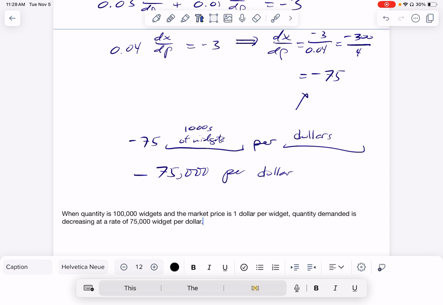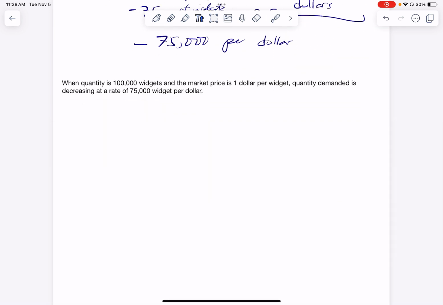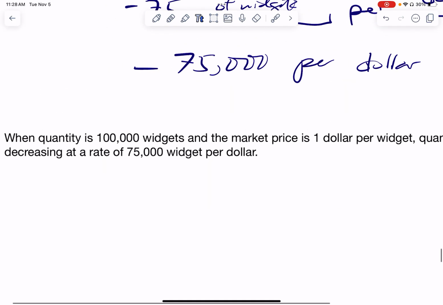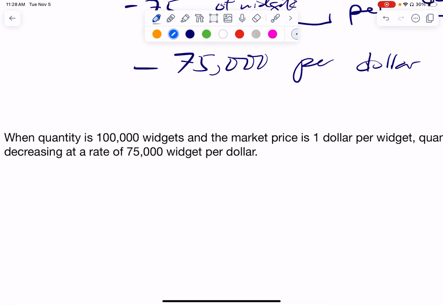You'll notice I use the word decreasing so I don't have to have the negative. So here is a rough interpretation of this. It's not perfect, but the idea is if we're offering them for $1, then 100,000 people want to buy it.